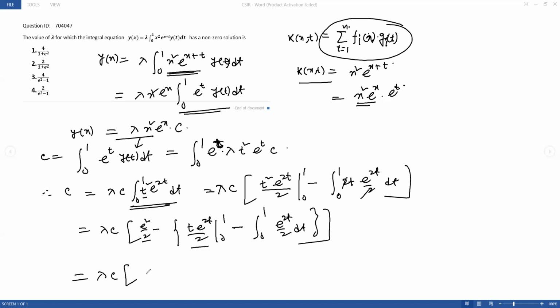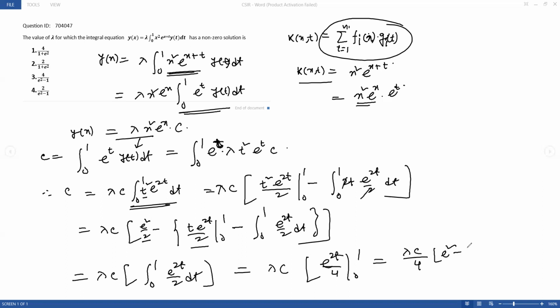So our result becomes, and minus, in this minus will be plus, integral 0 to 1 e to the power 2t by 2 dt, which is lambda c e to the power 2t by 4, 0 to 1. So lambda c by 4, and this becomes e square minus 1. Putting t equal to 1 gives e square, and putting t equal to 0, e to the power 0 is 1. So what we get?